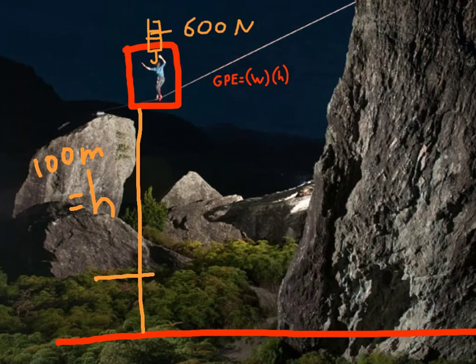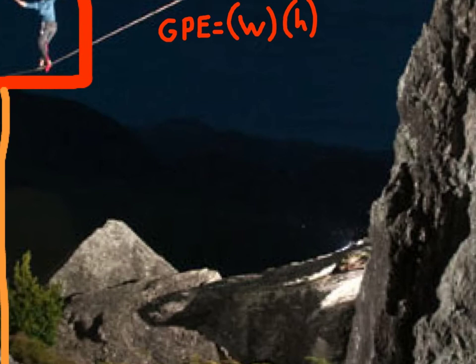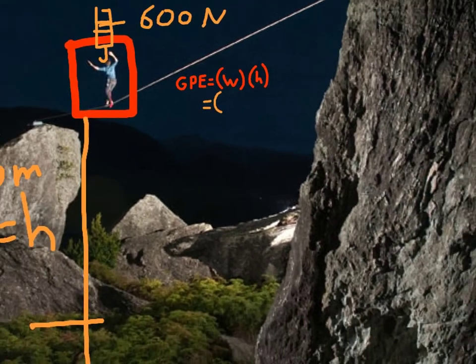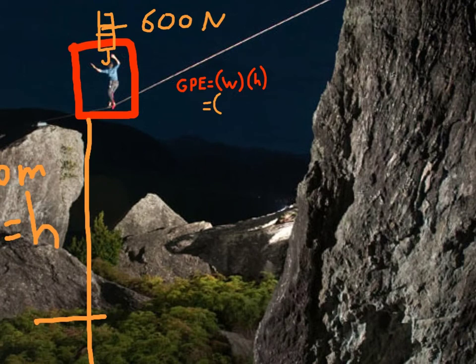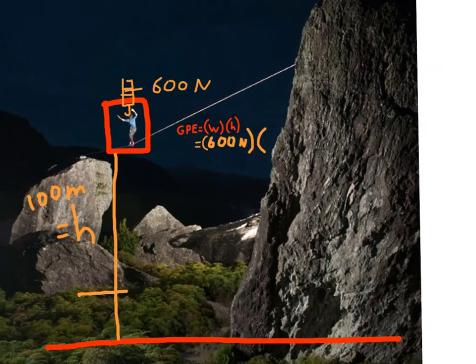Zoom in just a little bit here. So how do I show my work for this? I would say GPE is now equal to their weight, which I said was, what did I say it was? 600 newtons, multiplied by their height, which I said was 100 meters.